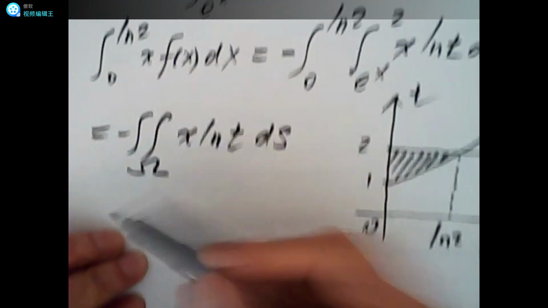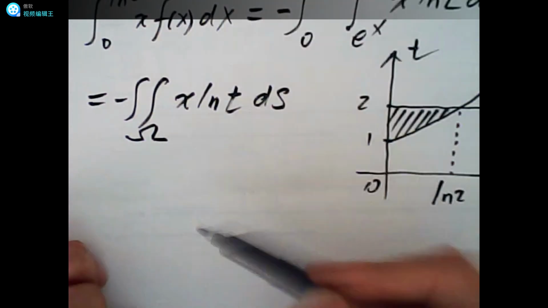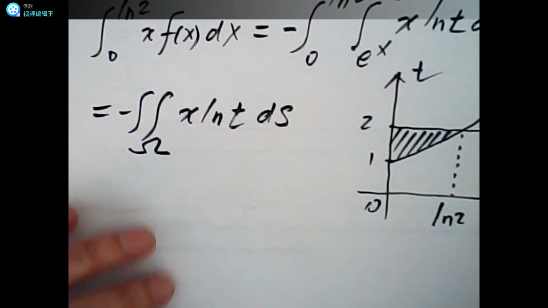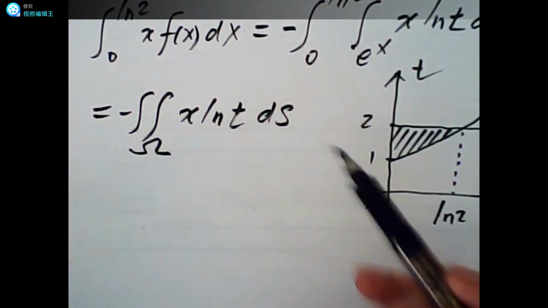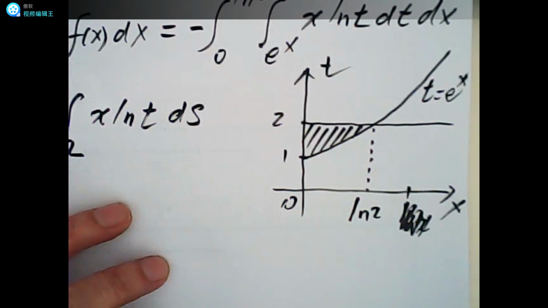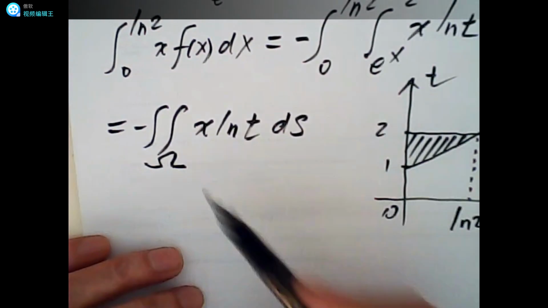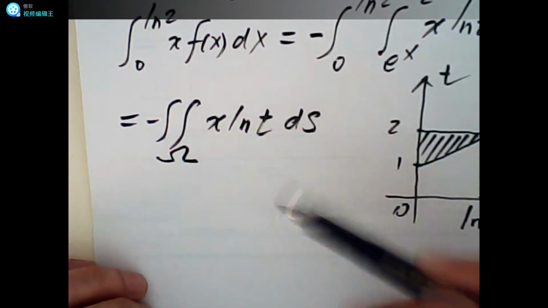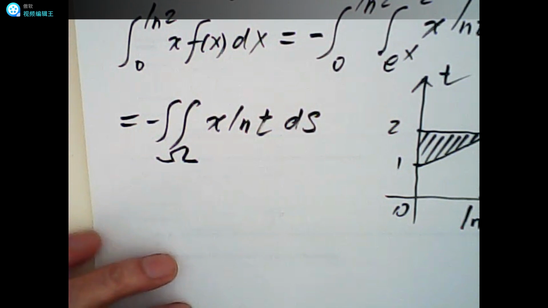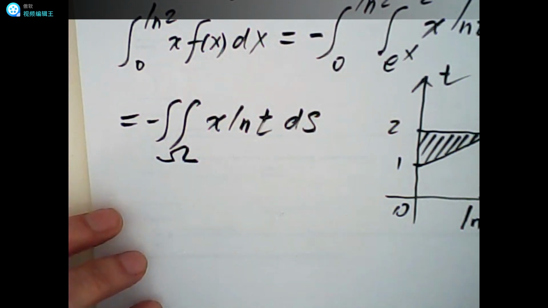ds, that is the integral. We integrate this function over the region. This is the region. That's a double integral. So we can choose whichever to do first. Now, I choose to do x first.